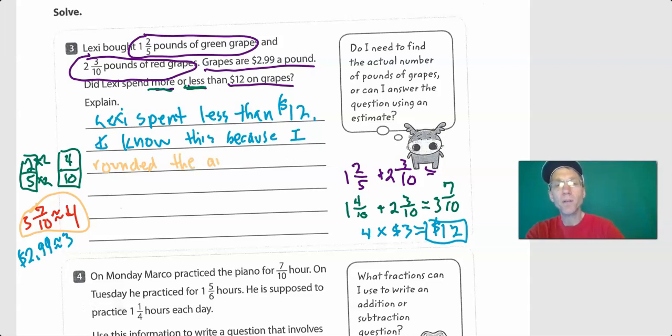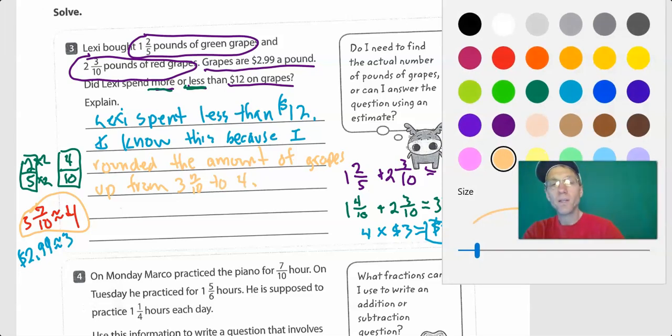I rounded the amount of grapes up from 3 7/10 to 4.